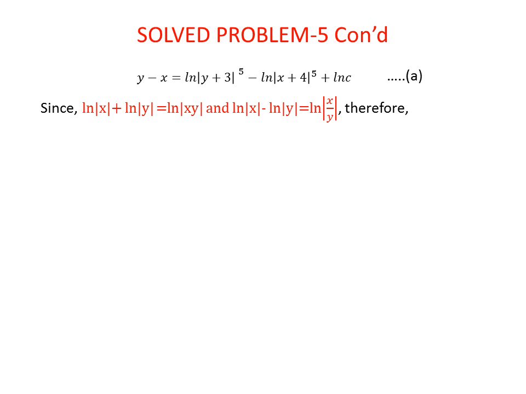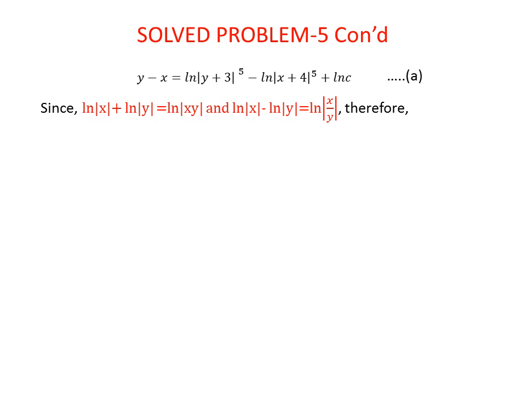And the second one: whenever we have ln modulus of x minus ln modulus of y, this is equal to the natural logarithm ln modulus of x divided by y. What is the difference between the first and second property?